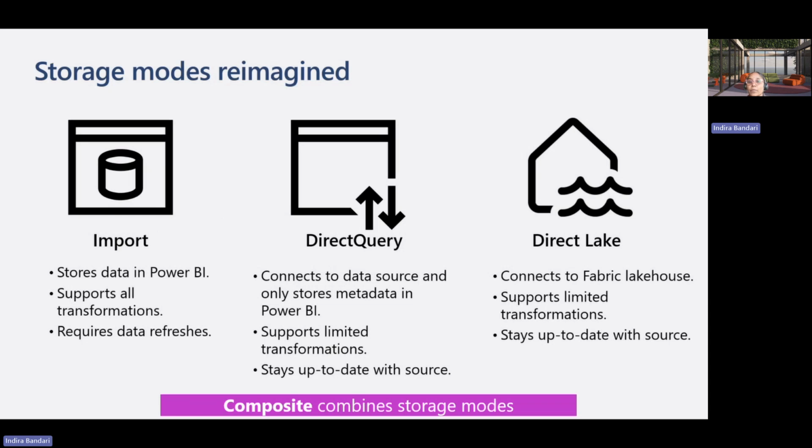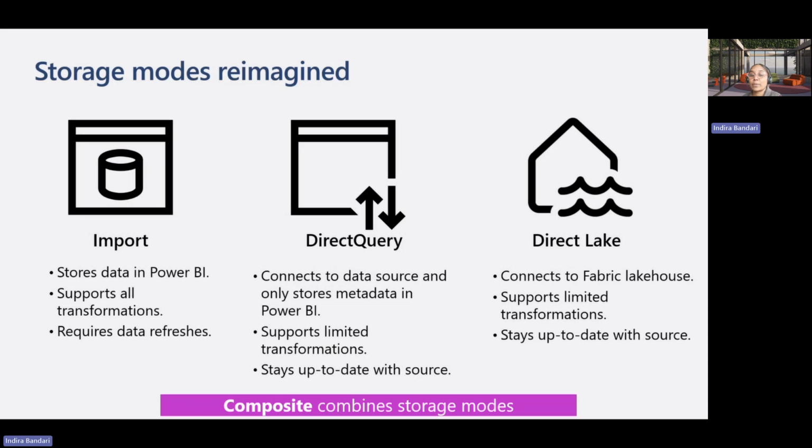So, here you have import mode, which stores data within Power BI, supports all transformations, and requires data refreshes. And direct query mode connects to the data source and only stores metadata in Power BI, but doesn't support all transformations.